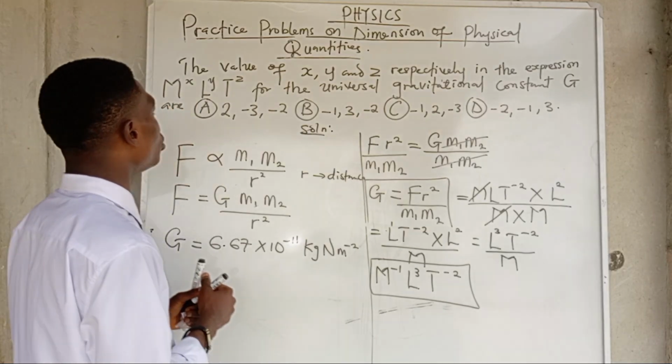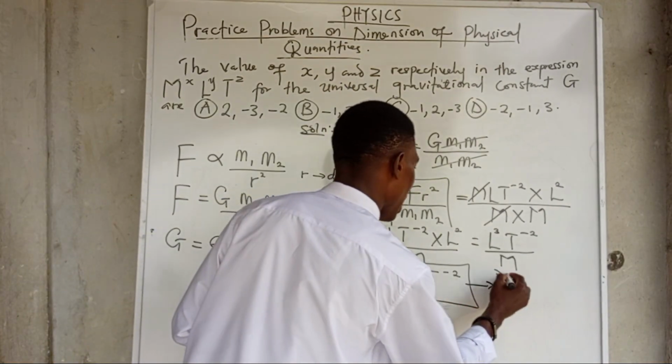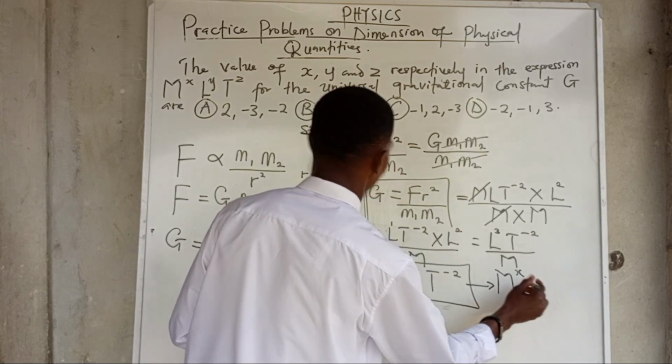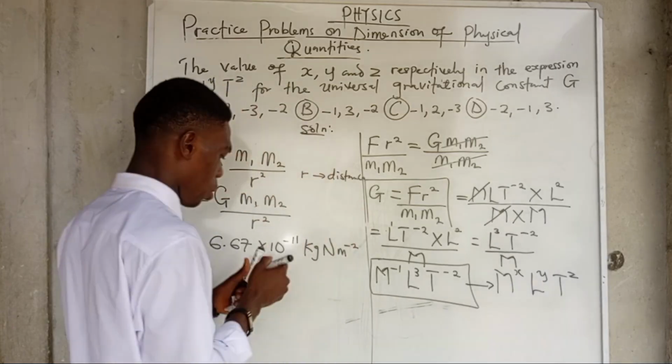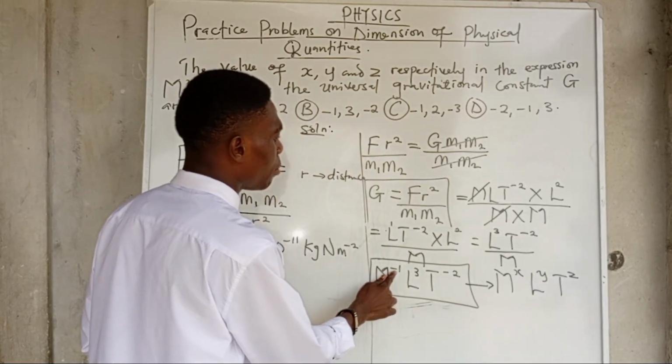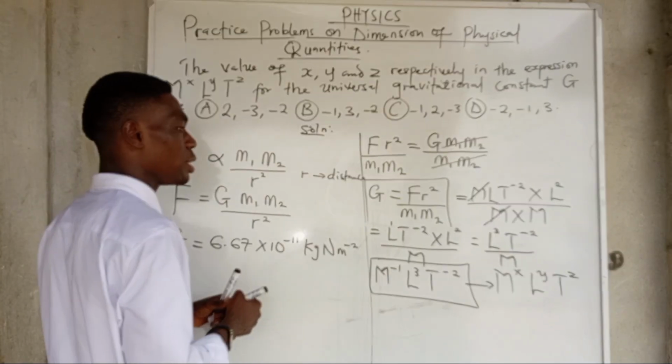And so what I'm going to do is compare this with what I was given: M to the power of x, L to the power of y, then T to the power of z. Now comparing, the power on M is minus 1, and the power on M in the given expression is x.